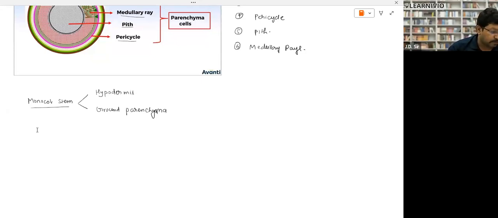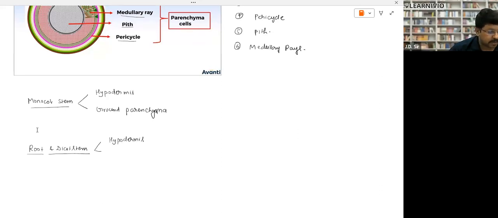Then when we talk about the root and the dicot stem, meaning both the root, dicot and monocot, and the dicot stem, there are some more parts differentiated from the hypodermis. Here you will find different kinds of things.